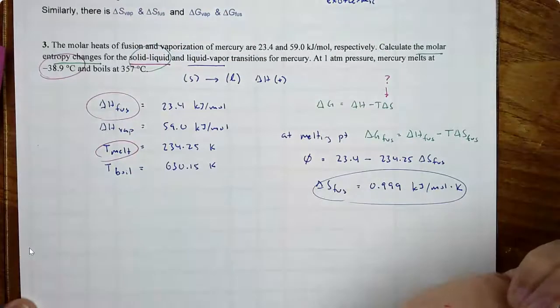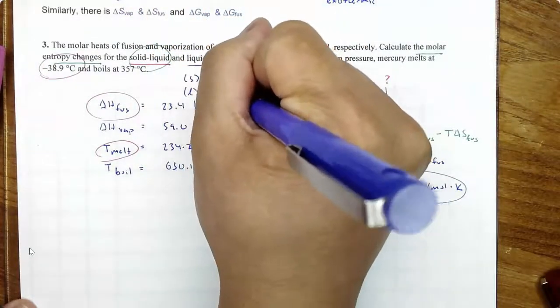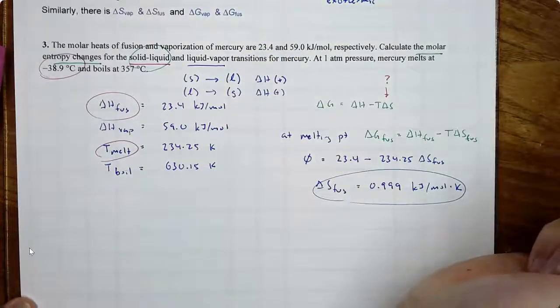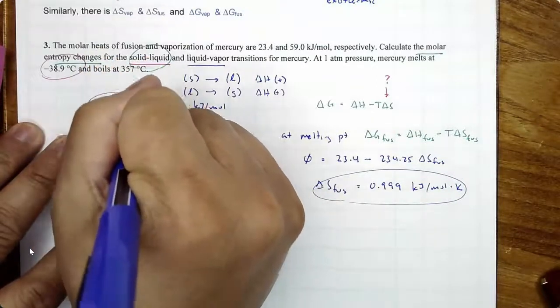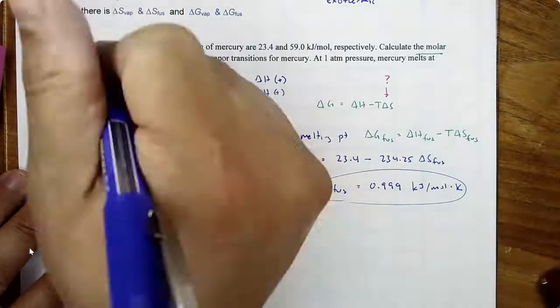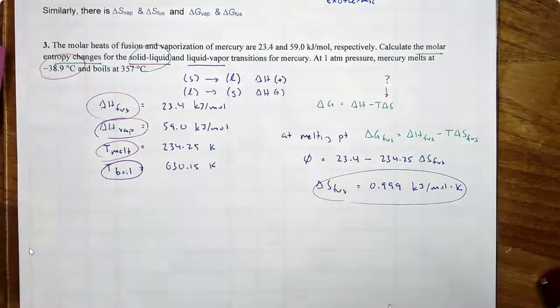Liquid vapor transition. So here we have liquid to vapor, we'll call that gas. Delta H should be positive. So that is this, the H vap. And we'll use the boiling point. And we're solving for the delta S of vaporization.